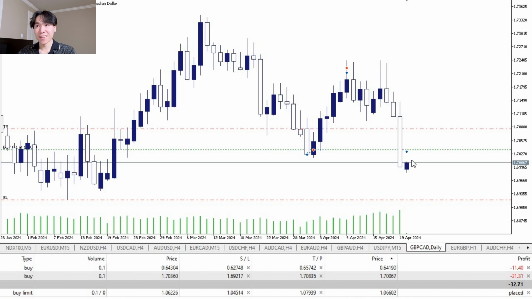Something I learned and will definitely take into account for future trades. So we'll see how these trades play out. Hopefully we can take a win, and if not, it is what it is. I entered the trade knowing the risks, except for the slippage, which is a lesson learned. So anyways, good luck.